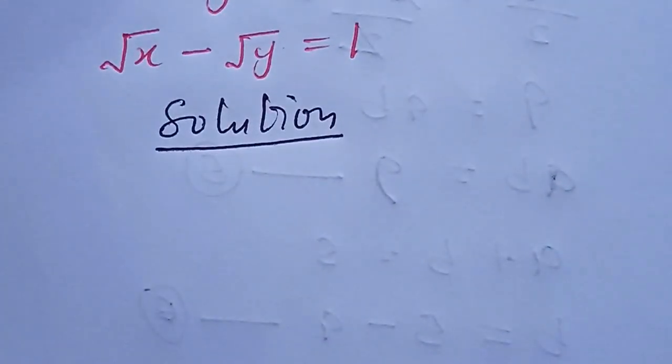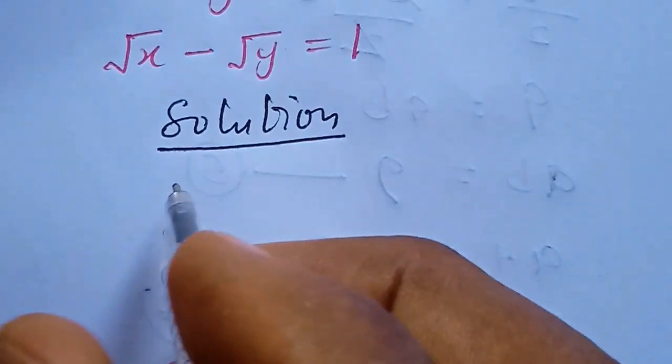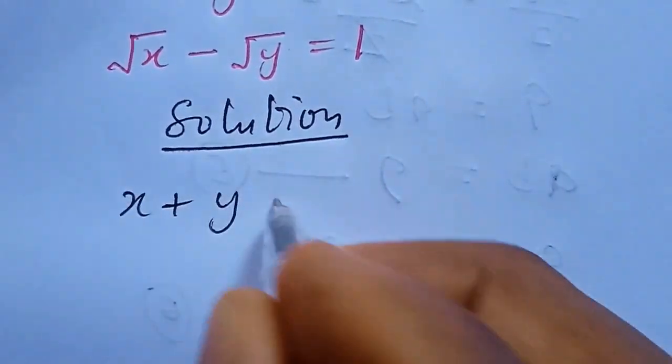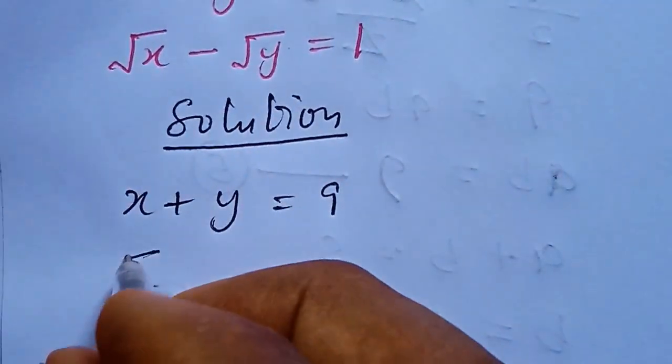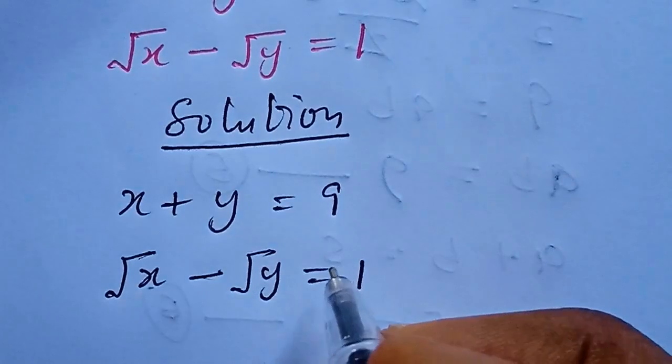From our question, we have x plus y equal to 9, and square root of x minus square root of y equal to 1.